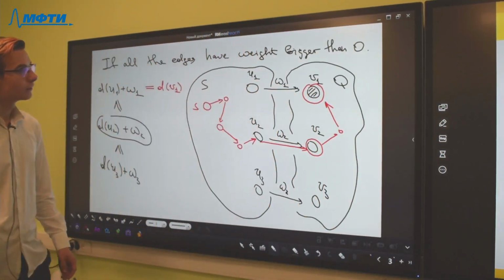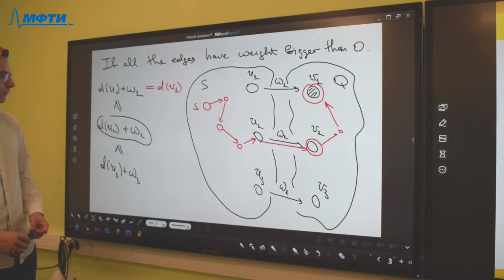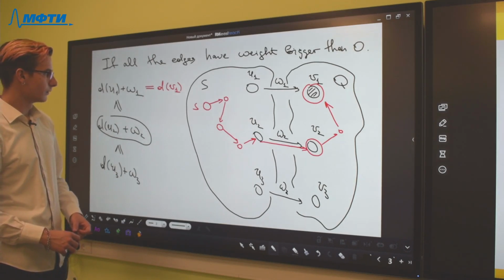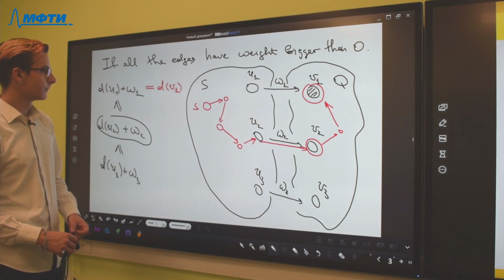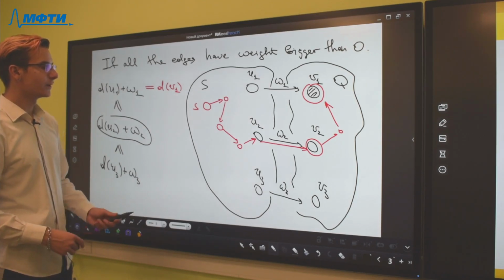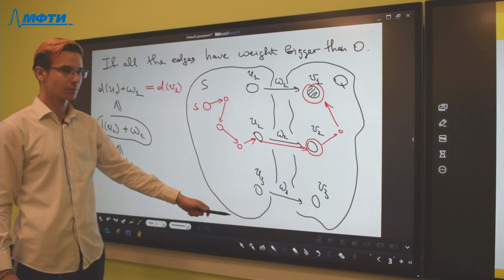Here we say that du1 plus w1 equals dv1. It means it's the shortest path from S to V2, right? We know the real distance between source and U numbers.